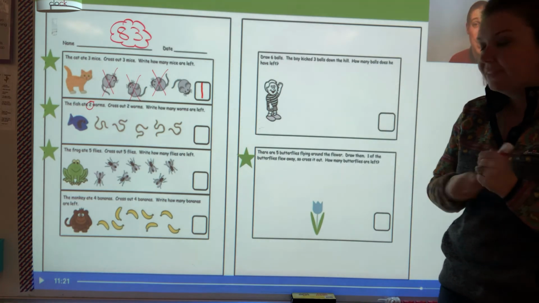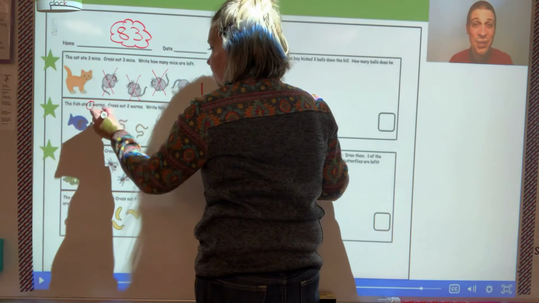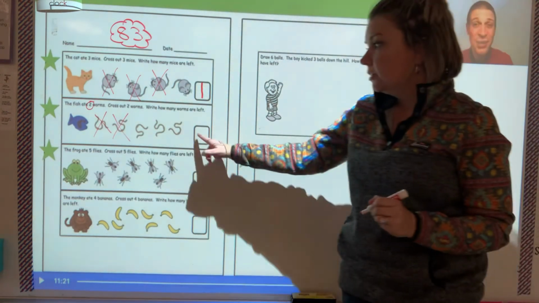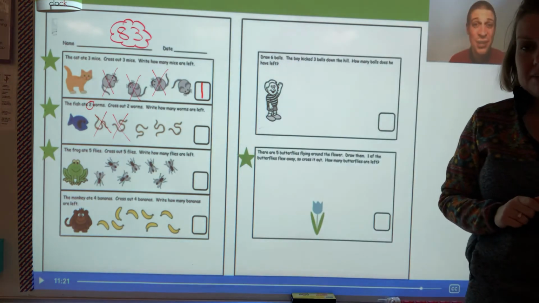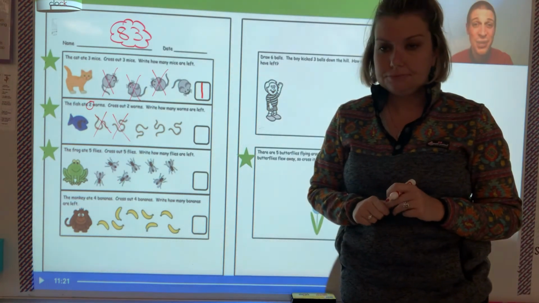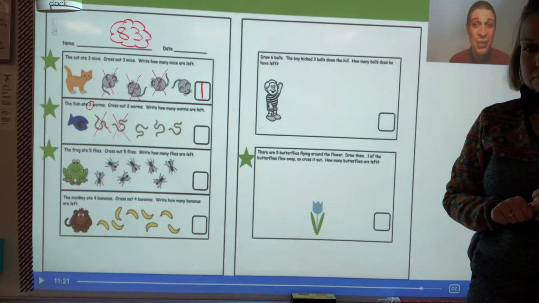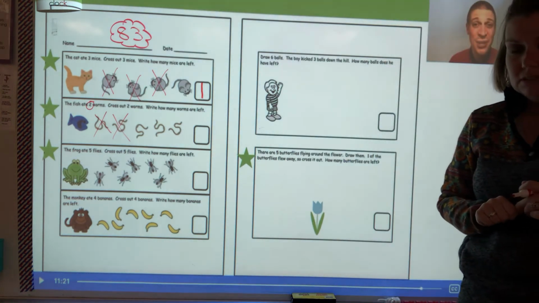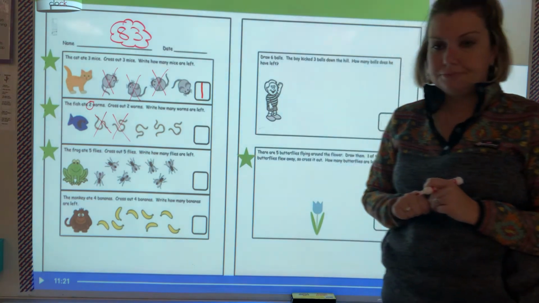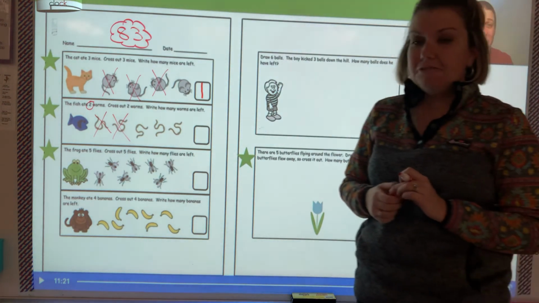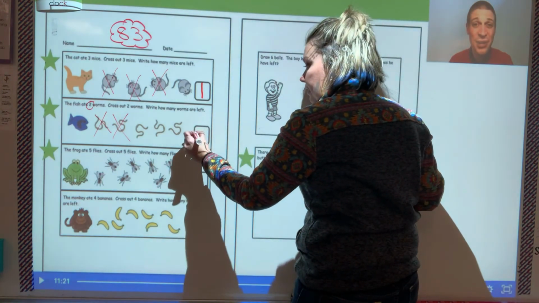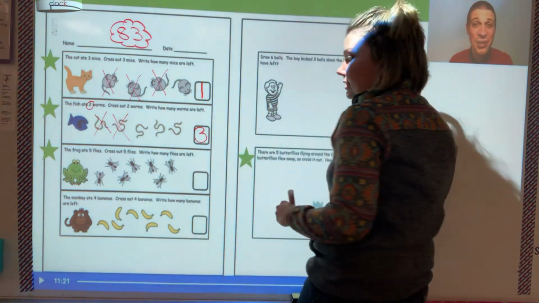All right. I'm going to cross out 2 worms. In your mystery box, write how many worms are left. Can you show me on your fingers how many are left? Very good. I see lots of friends showing me 3. 3 worms are not crossed out.